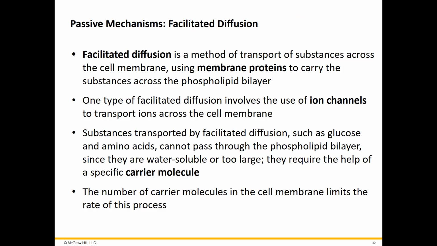Let's talk about facilitated diffusion. Same rules apply. We're going from high concentration to low concentration, but these are substances that can't freely cross the membrane. They need a little bit of help. So it's a method of transporting a substance across the cell membrane using a membrane protein.